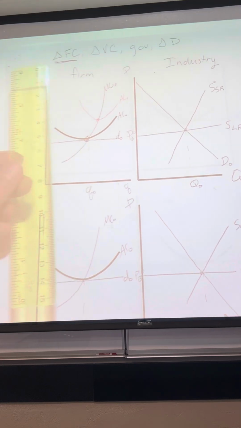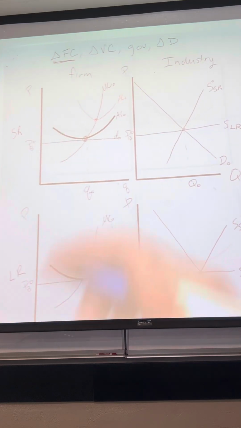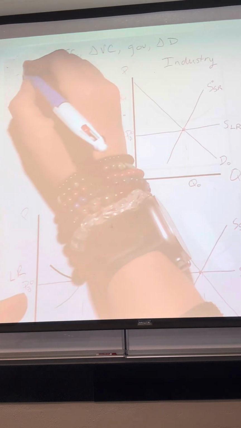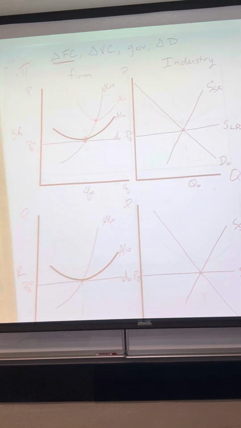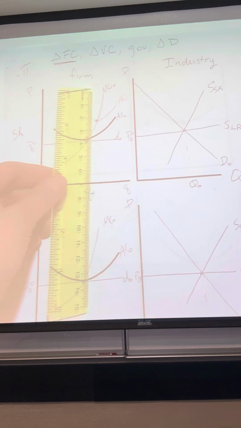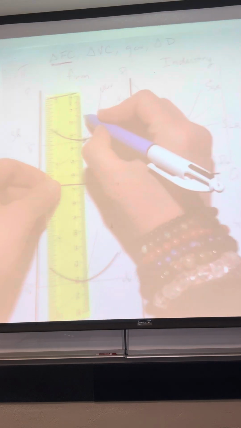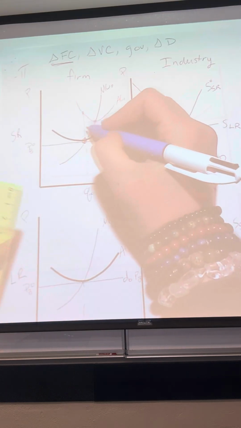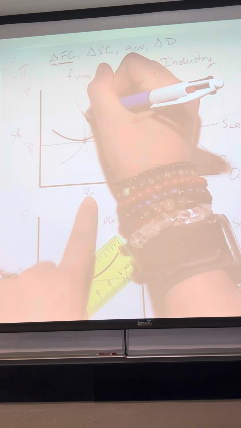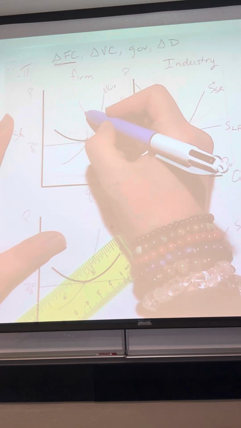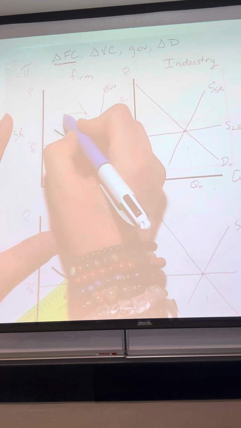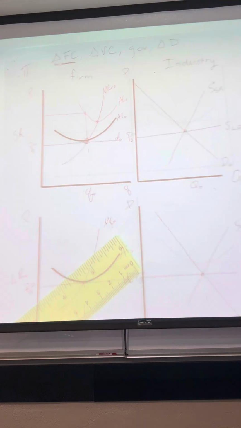So all I need to do is analyze profit. My gut tells me that increased costs lead to negative profit, not positive profit. To prove that mathematically, I'm going to take my ruler and line it up with Q naught. The difference between price and average cost at the quantity produced gives me my profit.